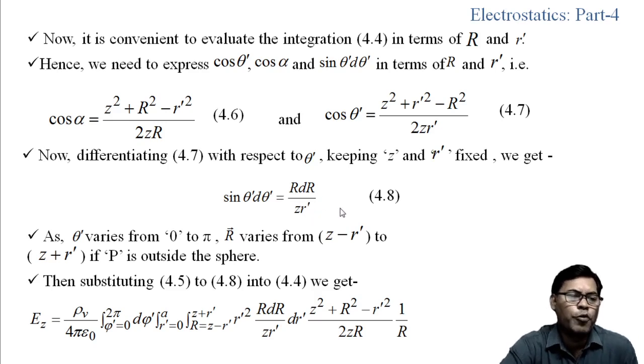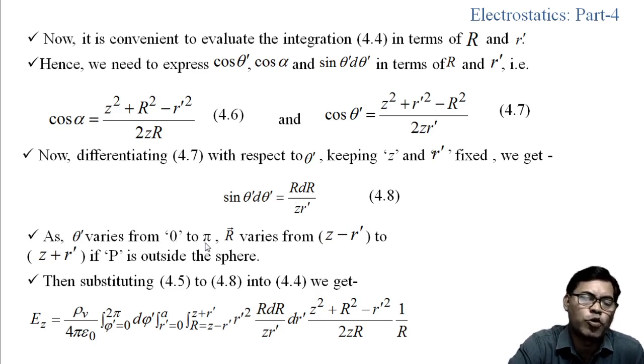Now we know theta varies from 0 to pi, we have seen in the case of the spherical coordinate system, and also this vector R, if you see the diagram, varies from z minus r prime to z plus r prime, if the point P is outside the sphere.